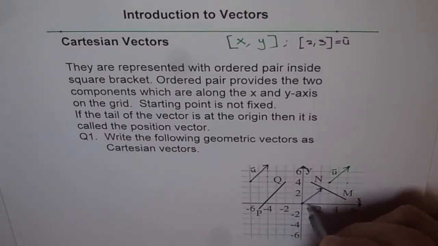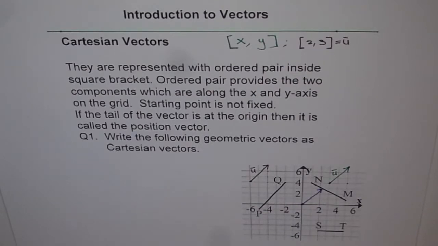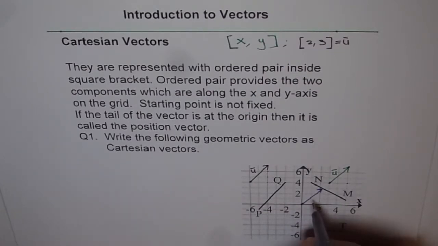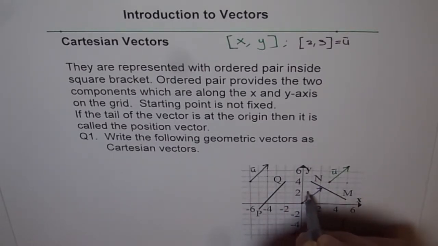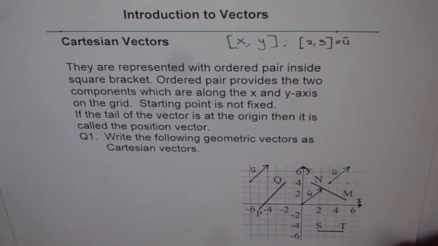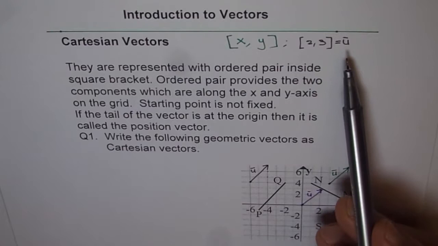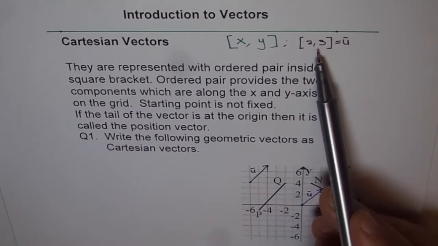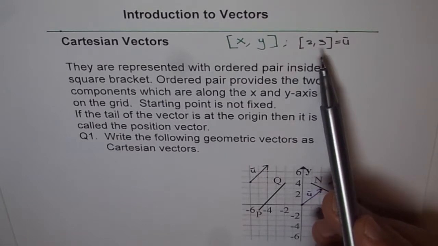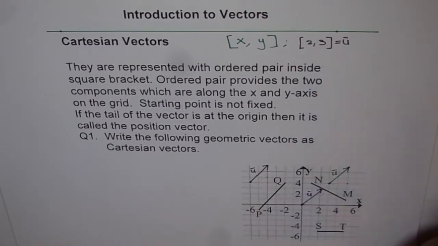This one with the tail at the origin is called the position vector. So a position vector will have its tail at the origin. That is kind of special, but all are the same u vectors. So at times, when you are given a vector in this form, you can think that it is a position vector with tail at the origin and head at (2, 3).